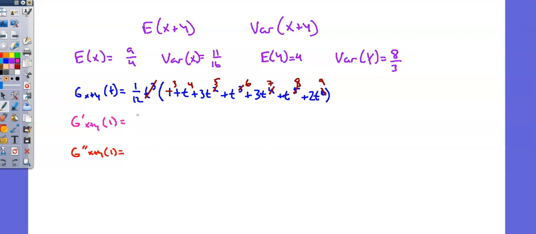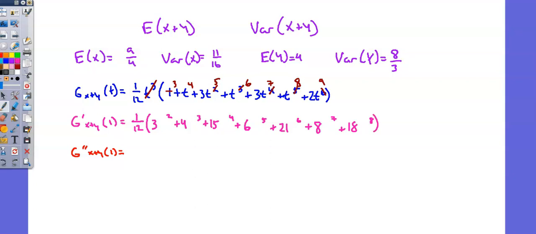So now the first derivative, I have 1 over 12 times 3. For a moment I'm going to leave the t out. 3 times t squared plus 4 times t cubed plus 15 times t to the power of 4 plus 6 times t to the power of 5 plus 21t to the power of 6 plus 8t to the power of 7 plus 18t to the power of 8.